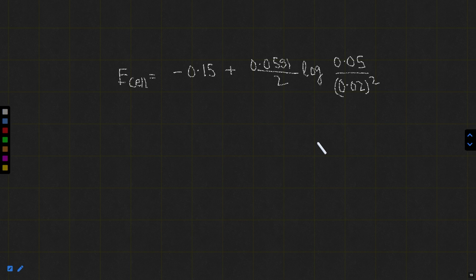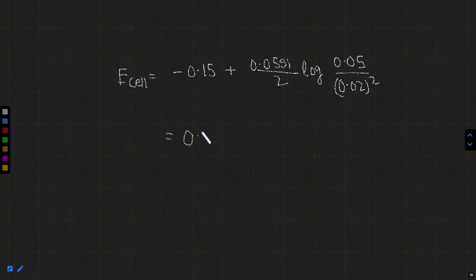So we have 0.05 divided by 0.02, again divided by 0.02. Now take the log of it. Multiply it by 0.059 divided by 2.